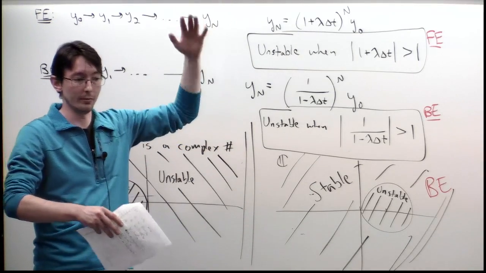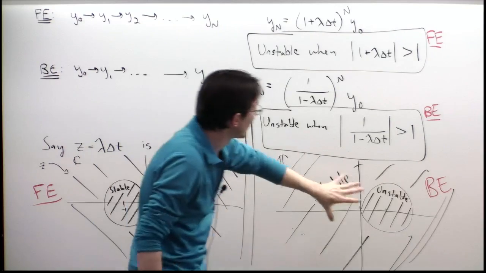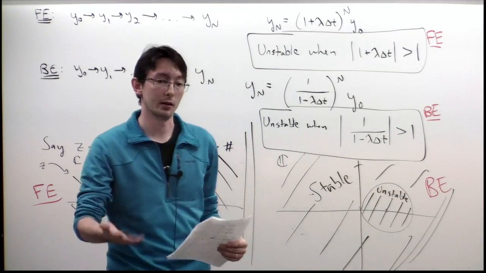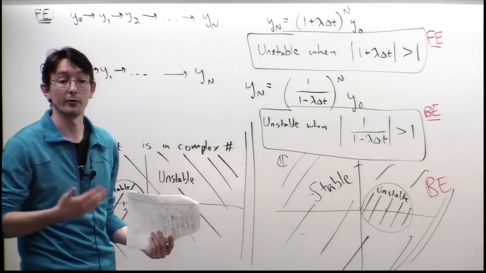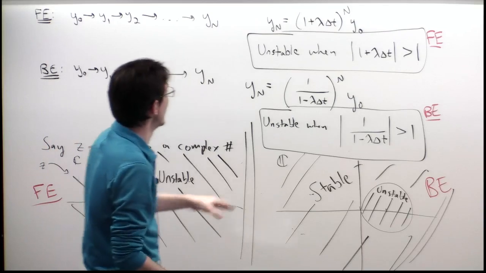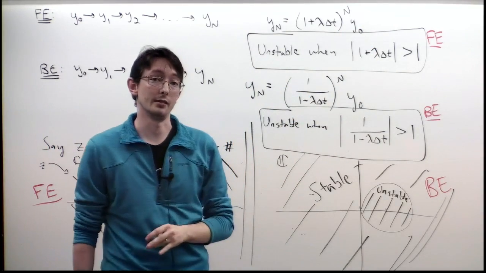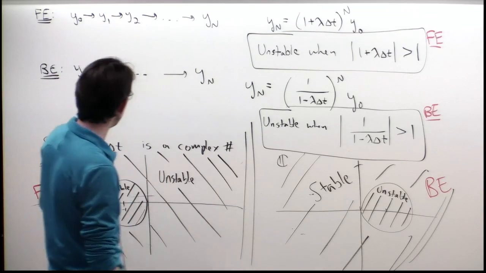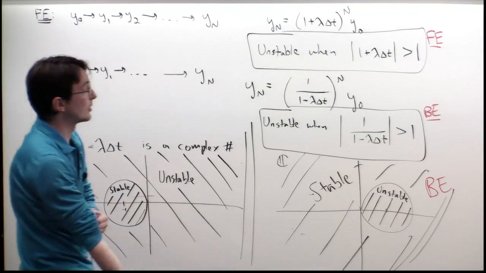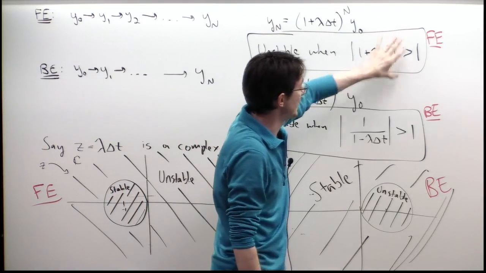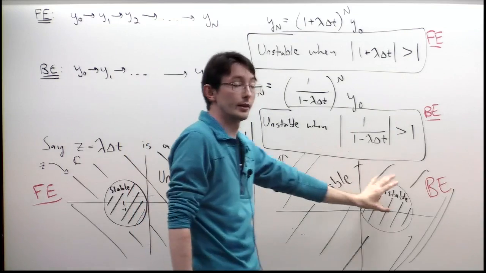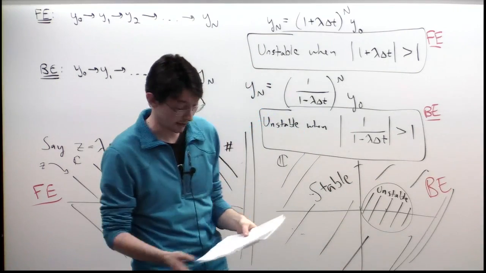It would blow up and the solution went to infinity, whereas our backward Euler scheme was stable for more delta t's. These expressions are exactly how you see that. I find this to be a very useful diagram, and you can certainly go from these expressions to these regions in the complex plane, and I would urge you to do so.